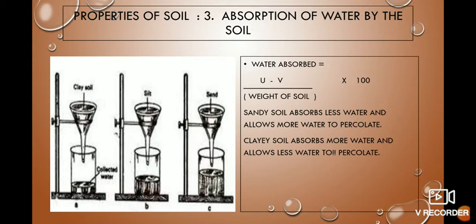The sand is not holding water, but it is allowing it to fall down. See the clay soil. In the beaker you find little water. Why? Because the clay soil has absorbed a lot of water and kept it with it, and it is not allowing it to percolate down. So this is absorption of water by the soil.